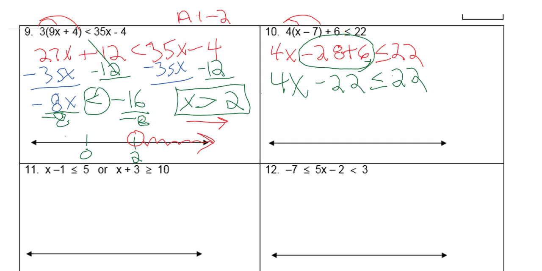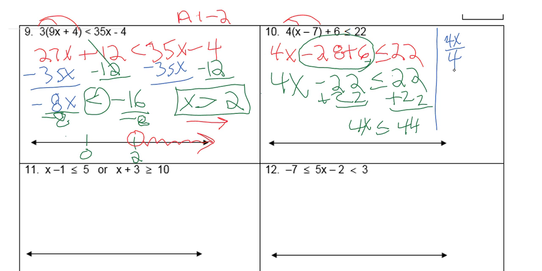So now we're going to add 22 to both sides, and we're going to get 44, and we'll simply divide both sides by 4. So we have 4x divided by 4 less than or equal to 44 divided by 4, and we get x is less than or equal to 11.